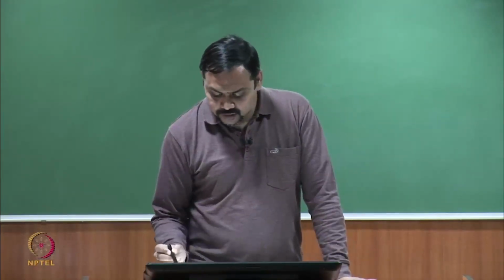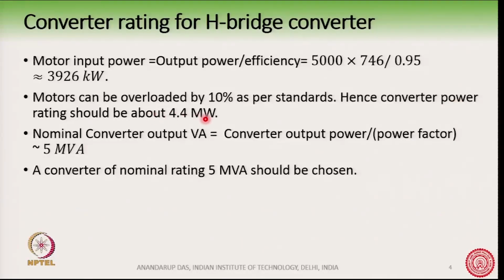Now, we can choose, as an initial guess, that the converter power rating should be 4.4 megawatt. So, the converter output VA will be the converter output power 4.4 megawatt divided by the power factor, and this will be about 5 MVA. Okay. So, a 5 MVA converter can be chosen to drive such an induction motor.